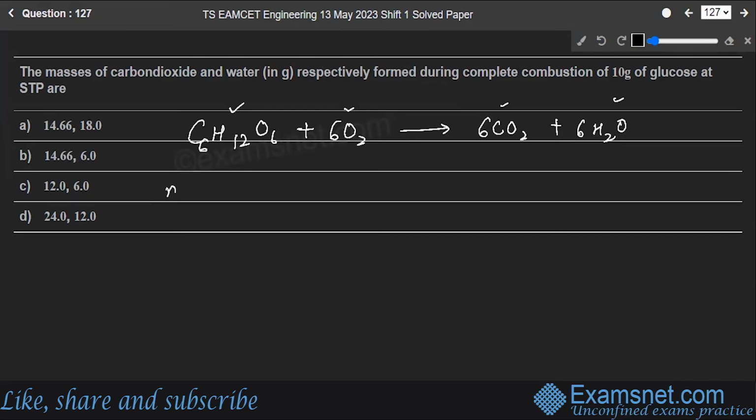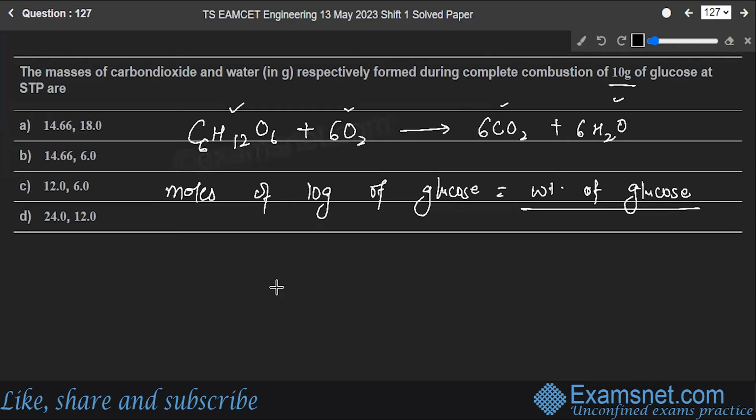Now you're given 10 gram of glucose. How many moles are there? Moles of 10 gram of glucose will be equal to the weight of the glucose divided by the molecular mass of glucose.